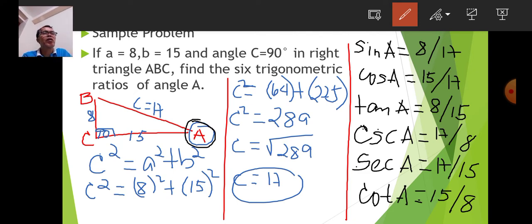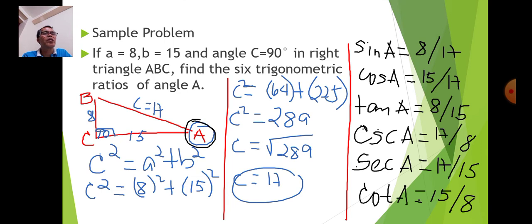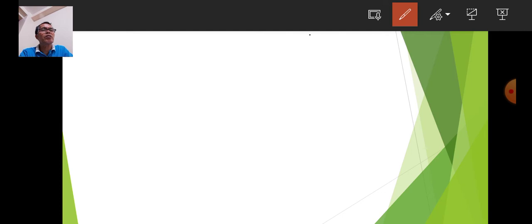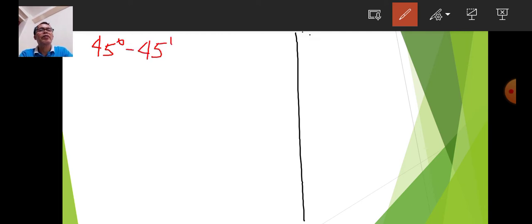Okay, next we are going to have a short review on the special angles. We have two special angles. First is the 45-45-90 degrees triangle.